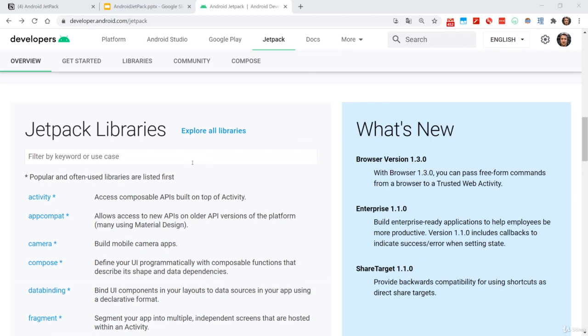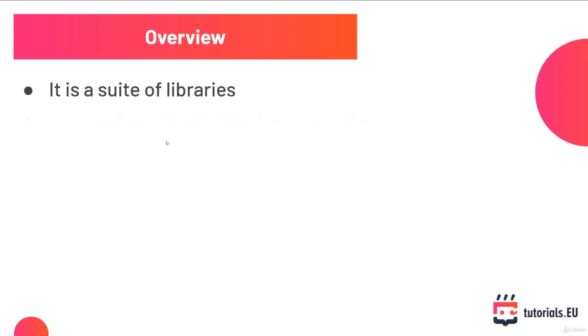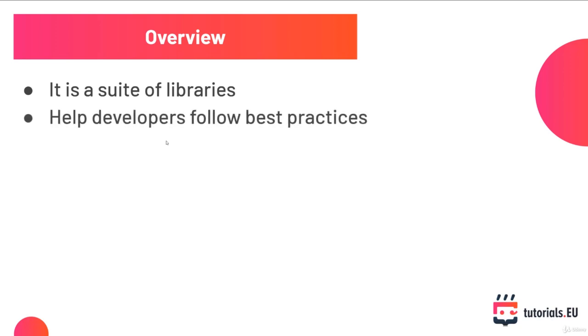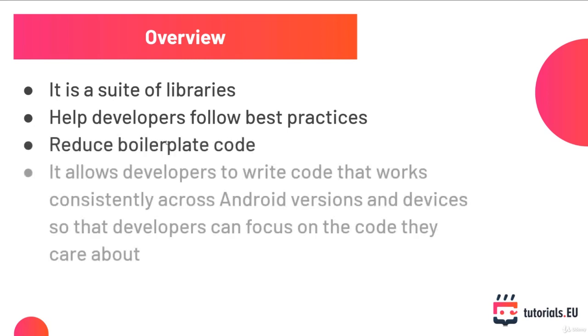So a combination of libraries, and it allows developers to be more efficient when developing Android applications. It helps developers to follow best practices by reducing boilerplate code and by making sure that the application runs consistently across Android versions and devices, so that we as developers can really focus on the code rather than having to look into how things are done in a more complex way.